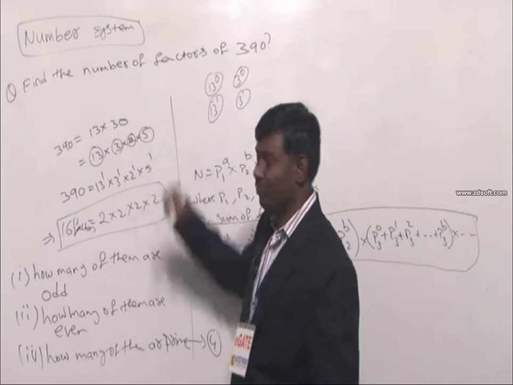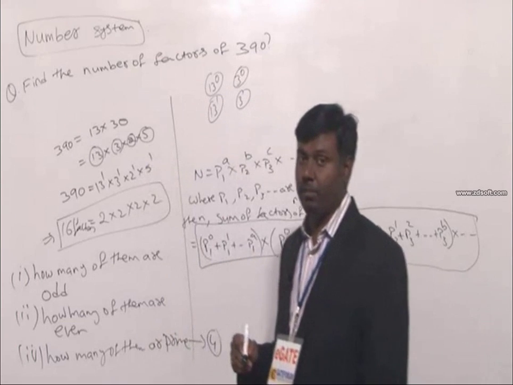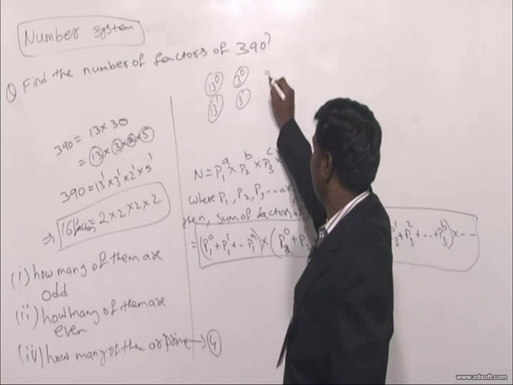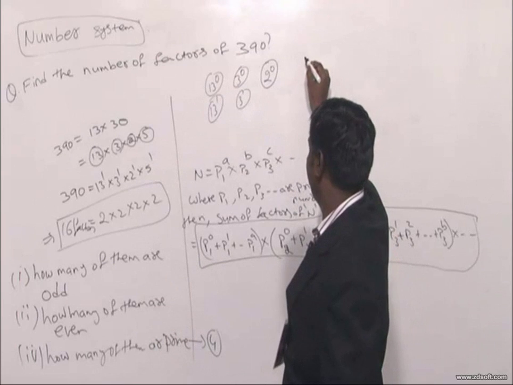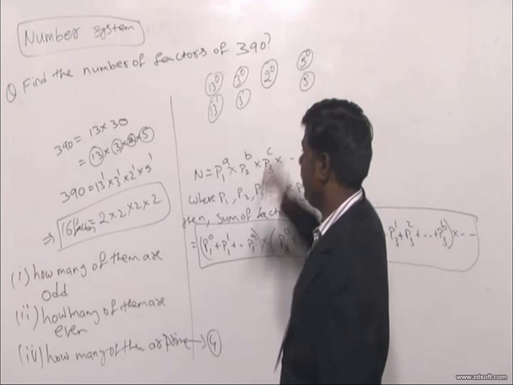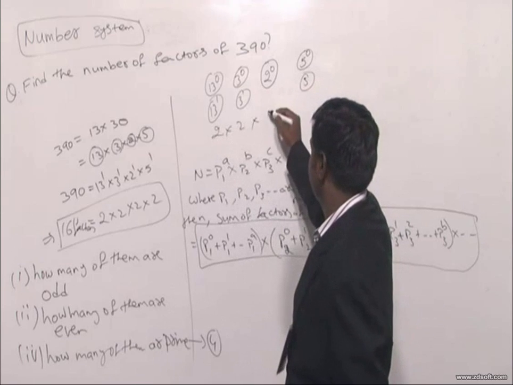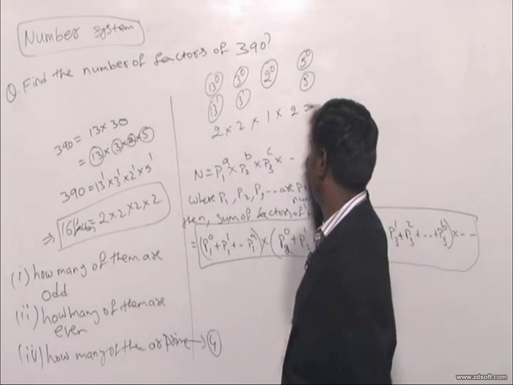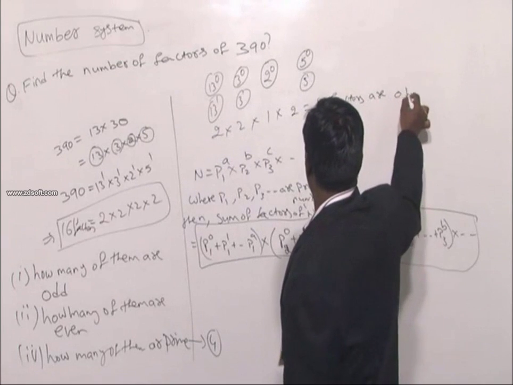You should not have 2 power 1, otherwise it will become an even number. So you should consider only 2 power 0. With this you consider the combination of 5 power 0, 5 power 1. You will get odd numbers. That is 2 into 2 into 1 into 2, 8 factors are odd.